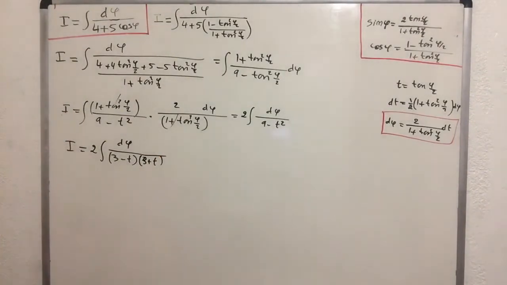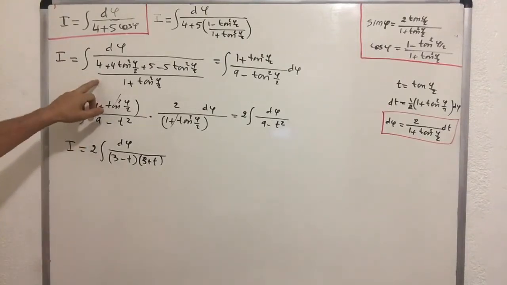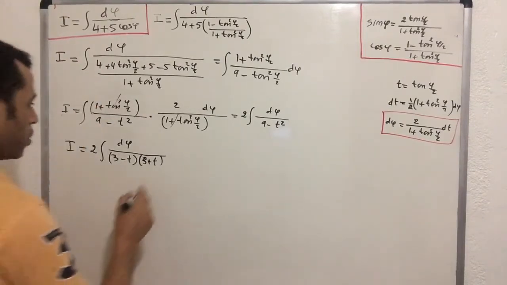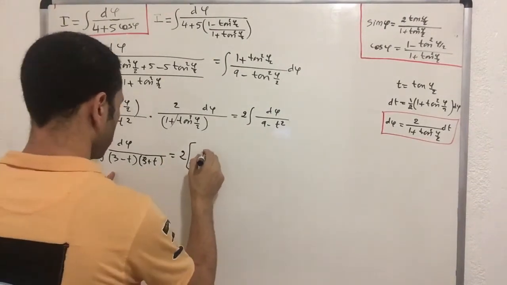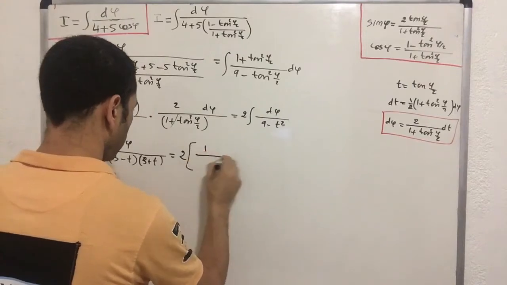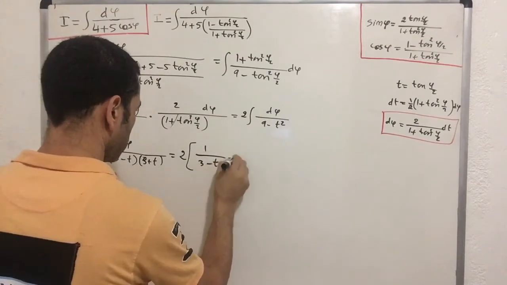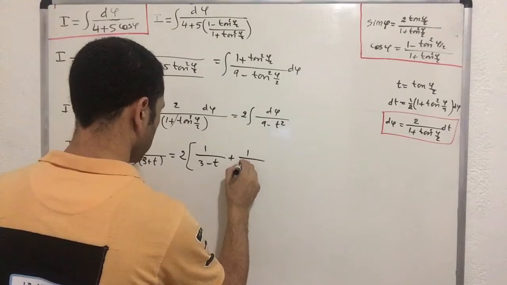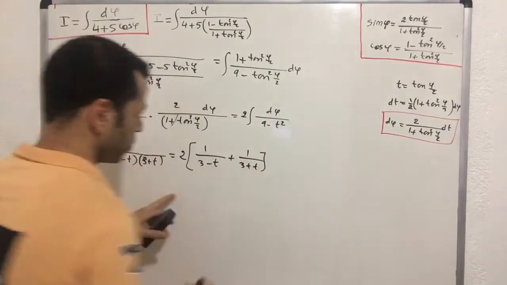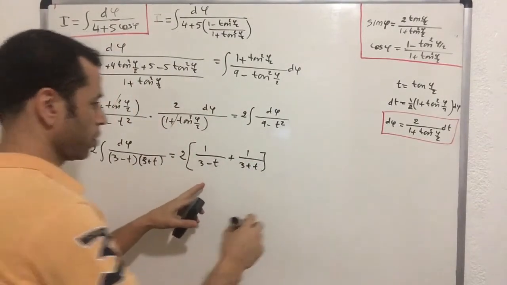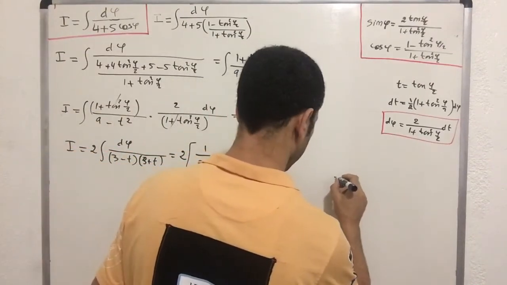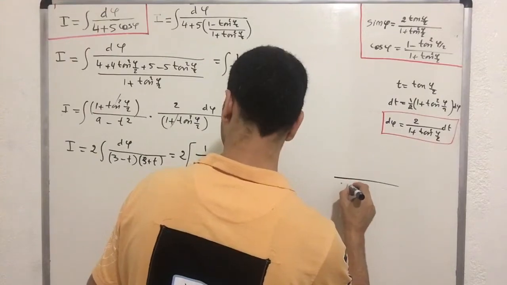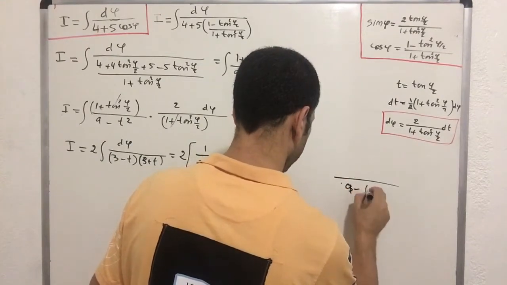All right, so it looks simple here. What is this? We can put it this way: 1 over 3 minus t plus 1 over 3 plus t. But when you multiply, let's calculate this: 3 minus t in the bottom times 3 plus t gives 9 minus t squared.